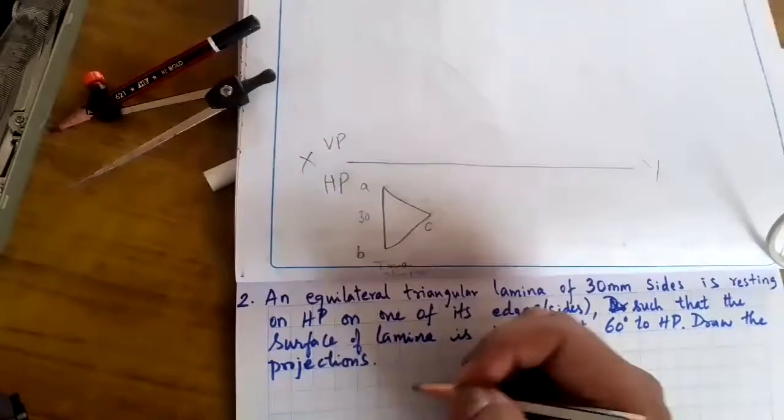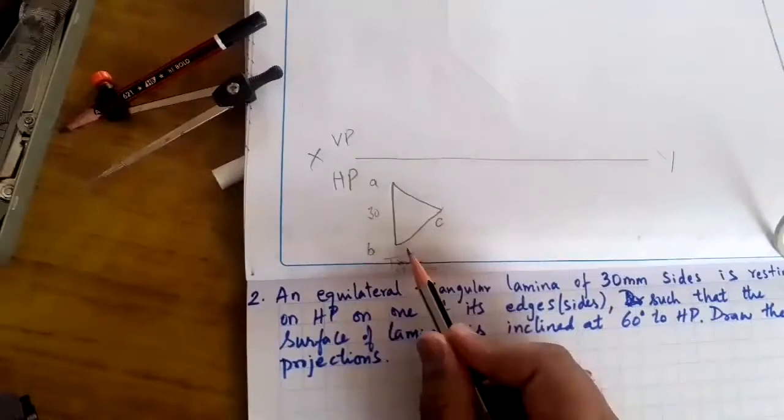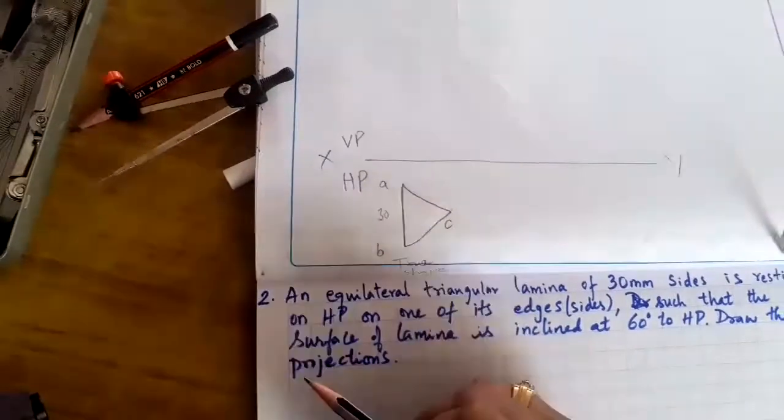I know how to draw the equilateral triangle true shape. So for my initial assumption, I am making the whole lamina parallel to the horizontal plane and representing its true shape. Now I will draw the front view.